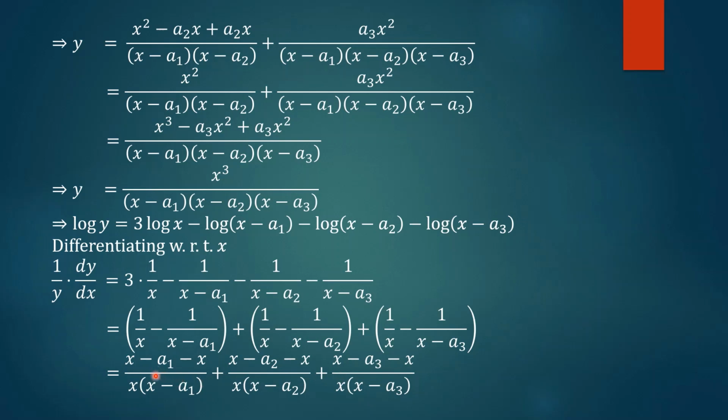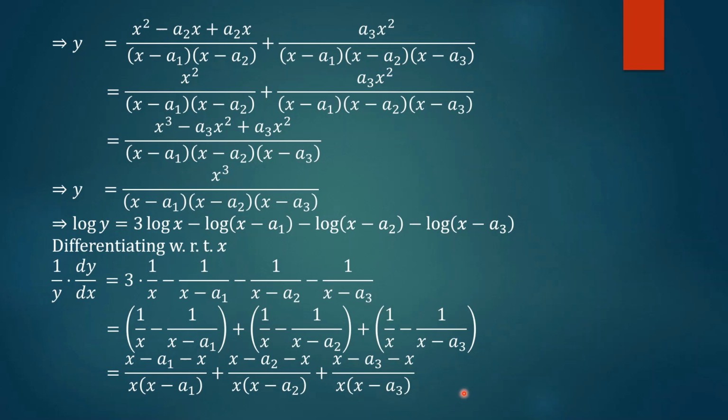So it is actually minus a1 by this term, minus a2 by this term, minus a3 by this term. That minus can be eliminated by writing a1 minus x. Similarly here, a2 by a2 minus x and a3 by a3 minus x, just adjusting this negative sign with the denominator.